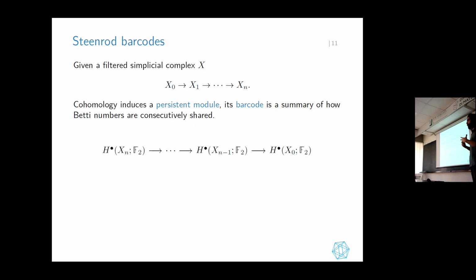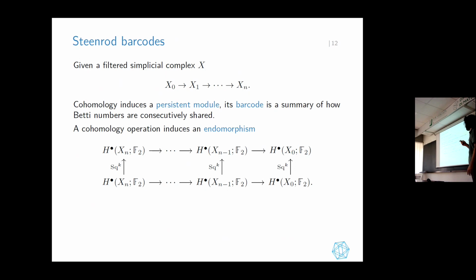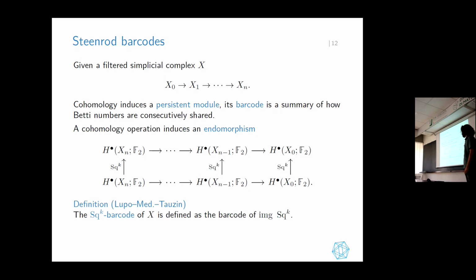What the naturality of Steenrod squares buys us is that it gives us an endomorphism of this persistence module. And as you might know, the category of persistence modules is a very good category. It has kernels and images. So in particular, we can take the image of this endomorphism to obtain a new persistence module. And the barcode of that persistence module is what we define to be the Steenrod barcode, SQK barcode.